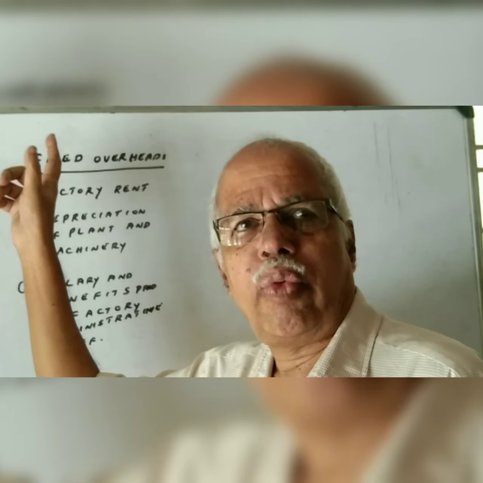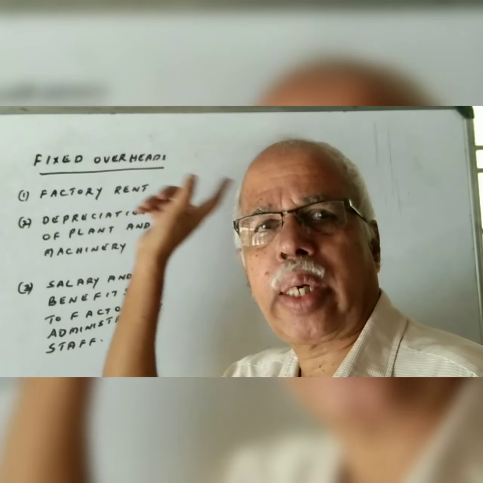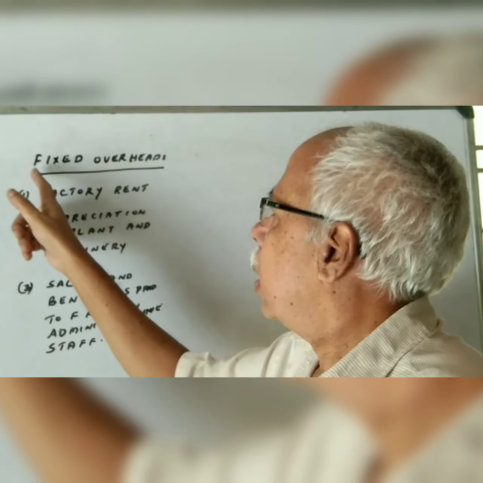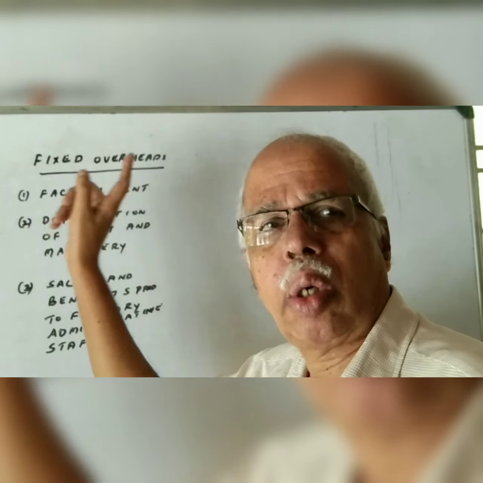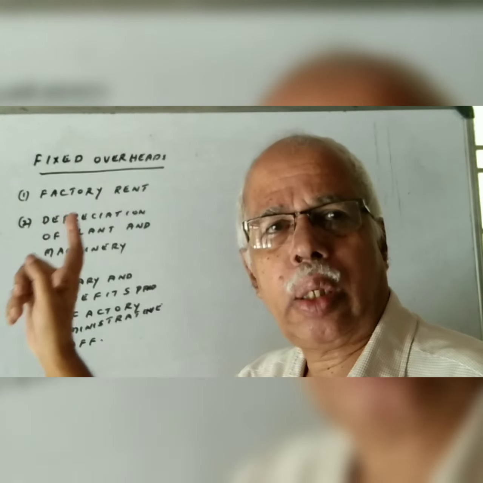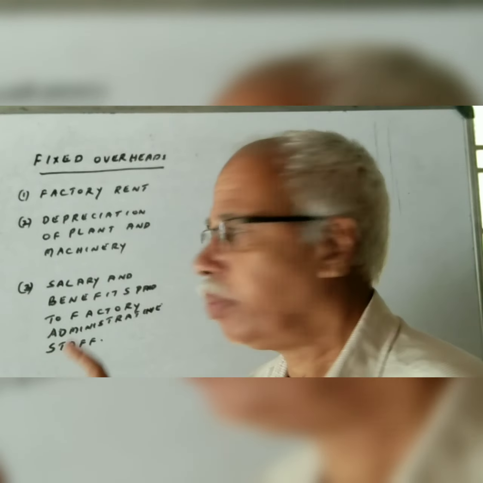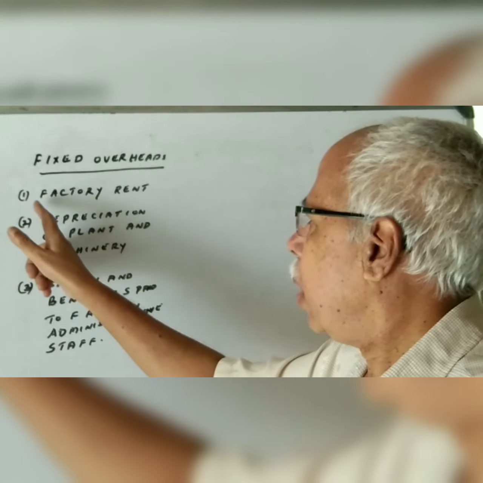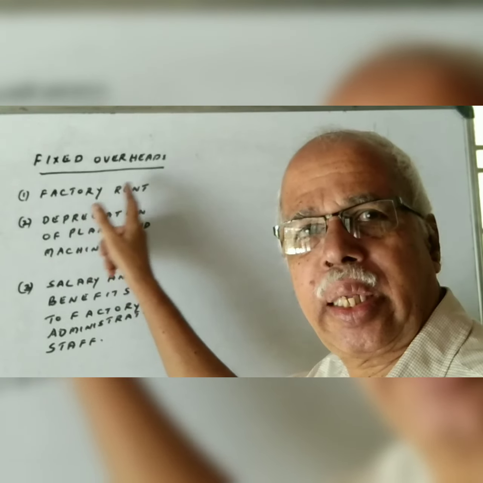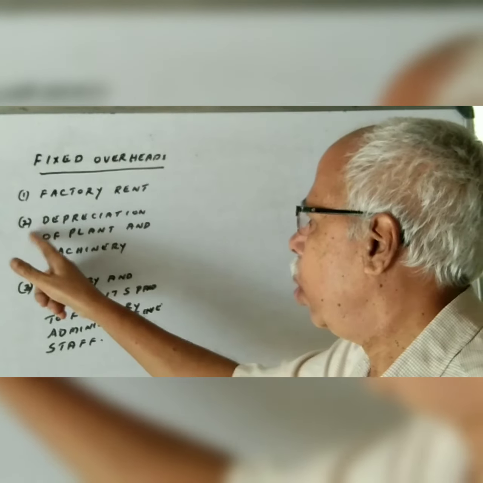Now, fixed production overheads. They will remain constant whether or not production goes up or down. Examples are 1. Factory rent. 2.